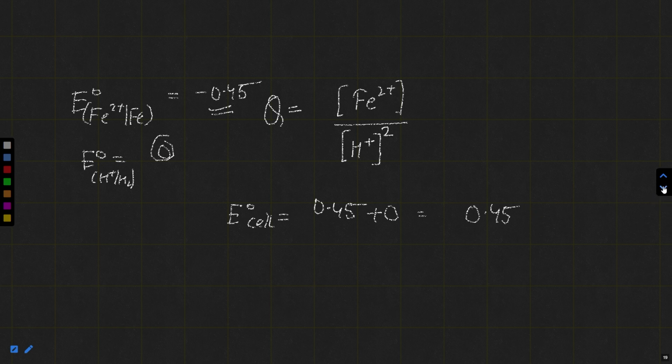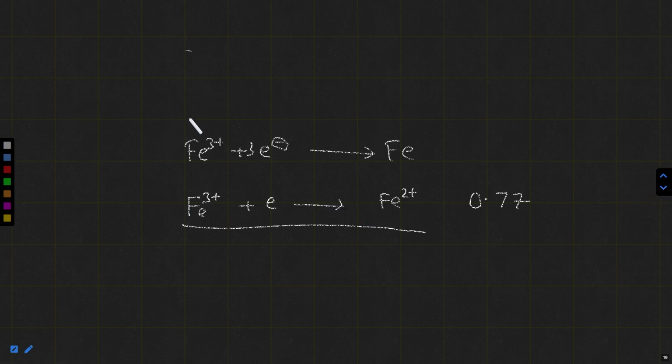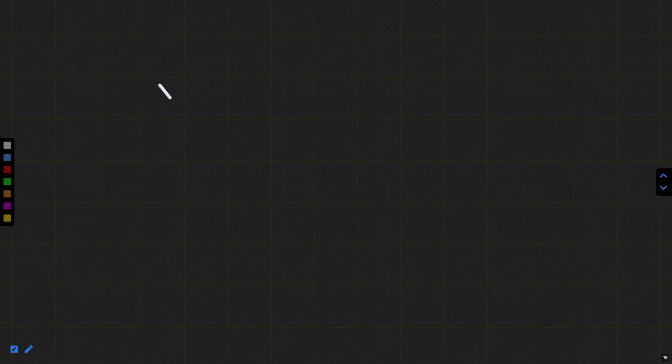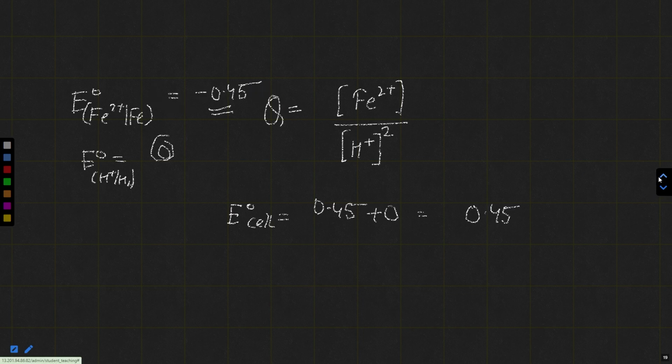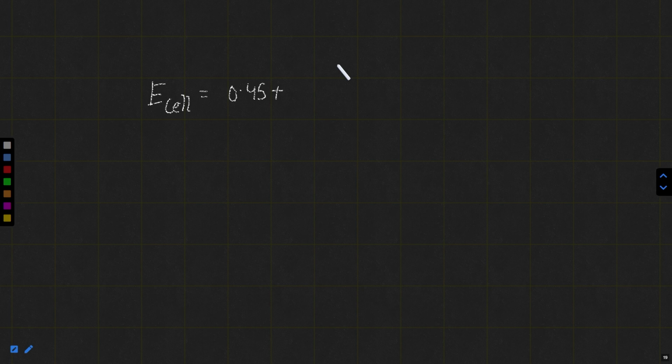Now let us finally put this value in the last equation. E cell is equal to E naught cell, that is 0.45, plus RT by NF. Its value was calculated earlier, it is 0.059.